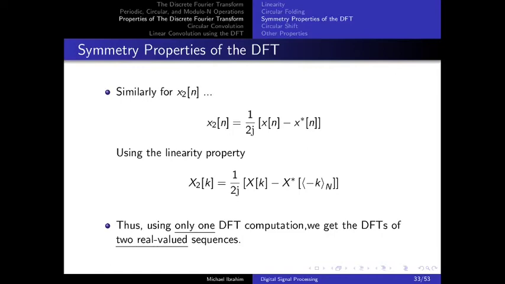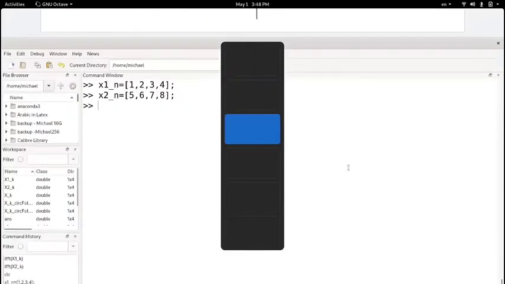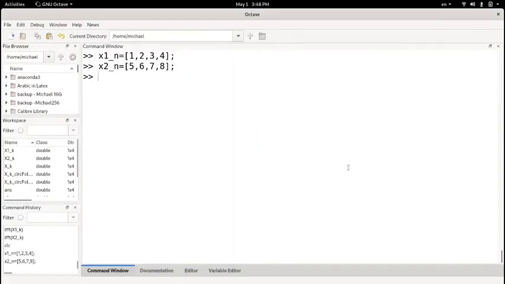So in order to better understand this, let's move to MATLAB. Over here we have defined two sequences, x1 of n and x2 of n, and we need to compute the DFTs of these two sequences using only one DFT operation. So the first step is to define a new sequence x of n, which is equal to x1 of n plus j times x2 of n, a sequence whose real part is the first sequence and whose imaginary part is the second sequence.